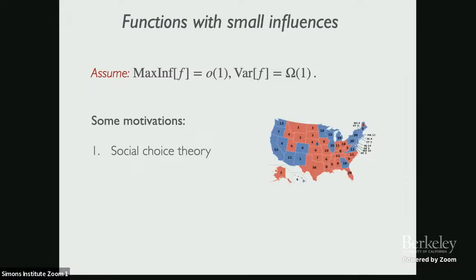In many situations, the property that we would want for this kind of aggregation function is that no individual should be able to determine the outcome regardless of other people's opinions. This is captured by max influence being small.